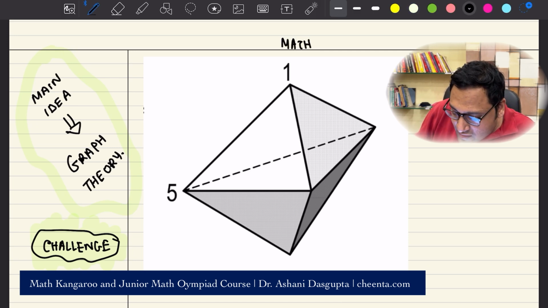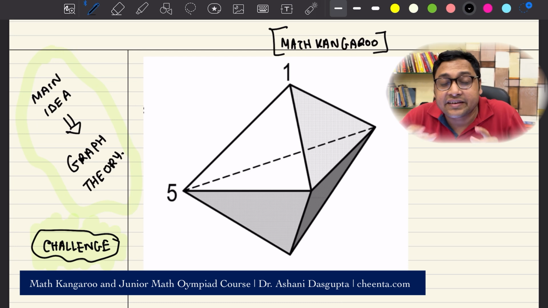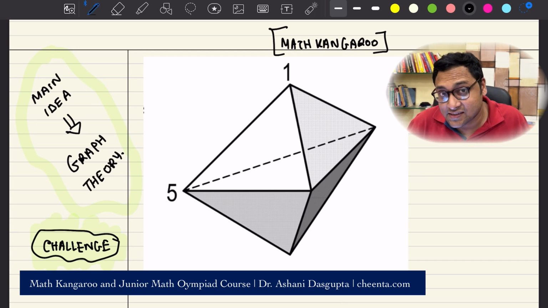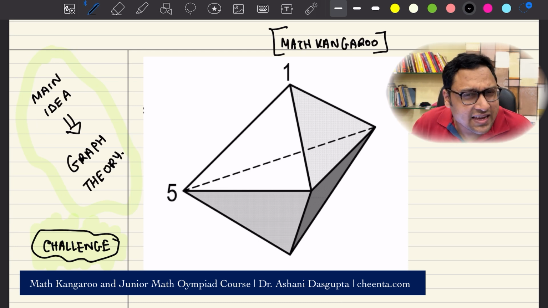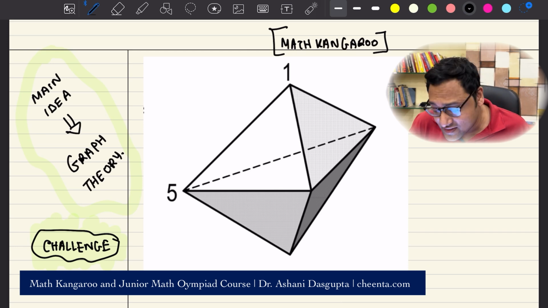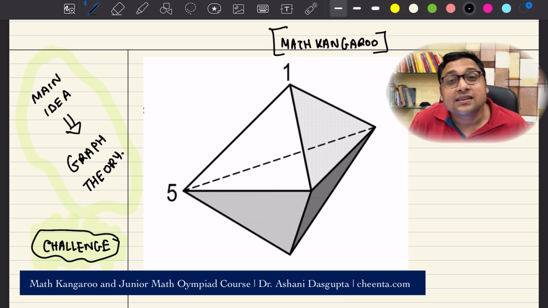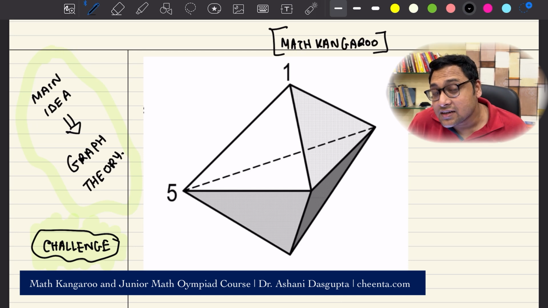Math Kangaroo is a recommended Math Olympiad for young kids, like kids in grades 1 to 6. After that, you can take AMC 8 and there are other beautiful math contests. But up to grade 6, we recommend the Australian Math Competition and Math Kangaroo.